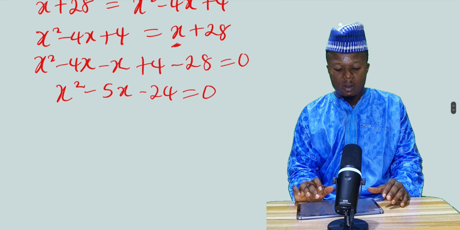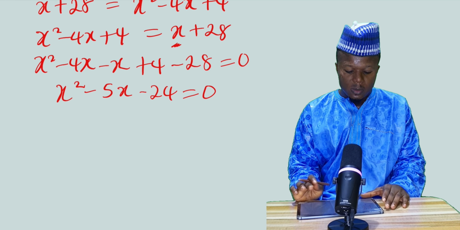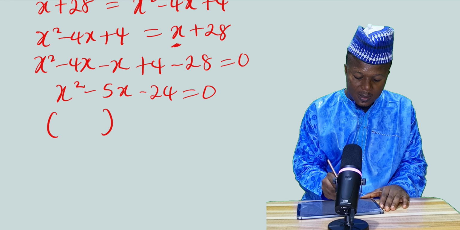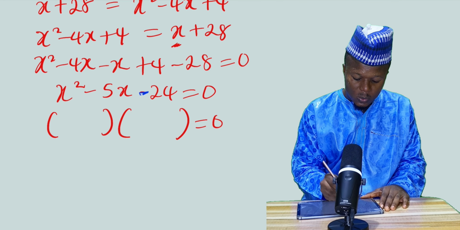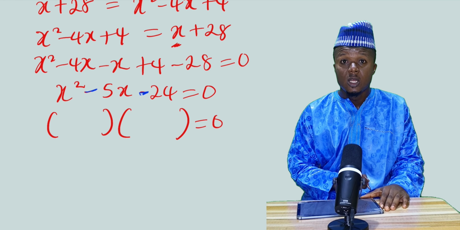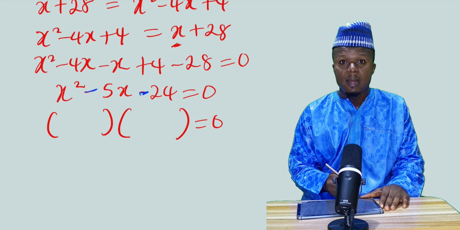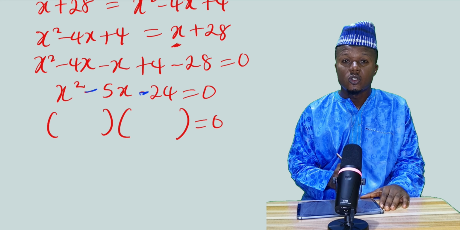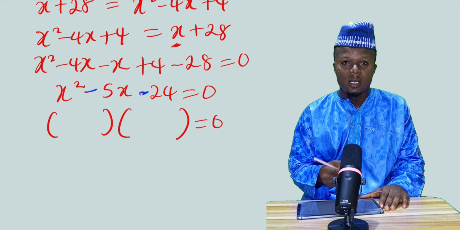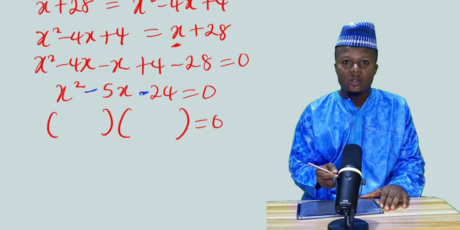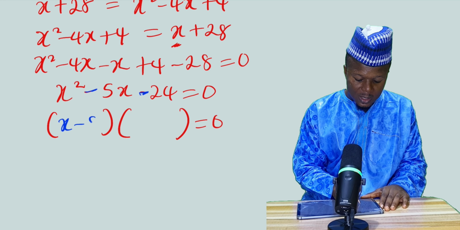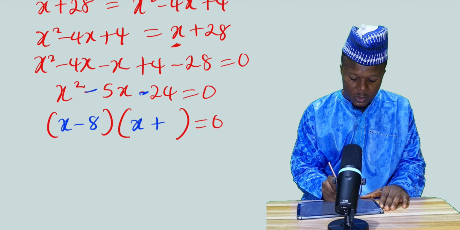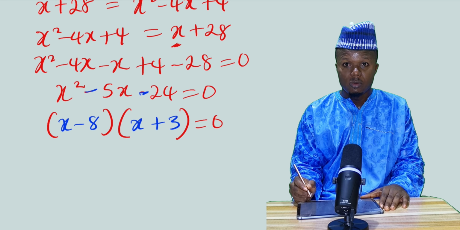Now you ask yourself, what are the two numbers you will multiply to get minus 24, and when you add them, you will get minus 5? Of course, the numbers are minus 8 and plus 3, because minus 8 times 3 is minus 24, and minus 8 plus 3 is minus 5. So we have x minus 8, x plus 3, everything equal to 0.